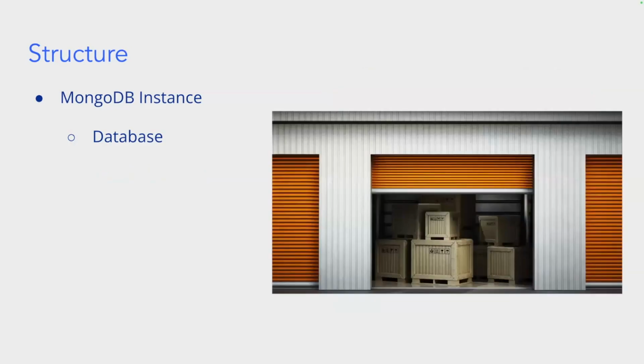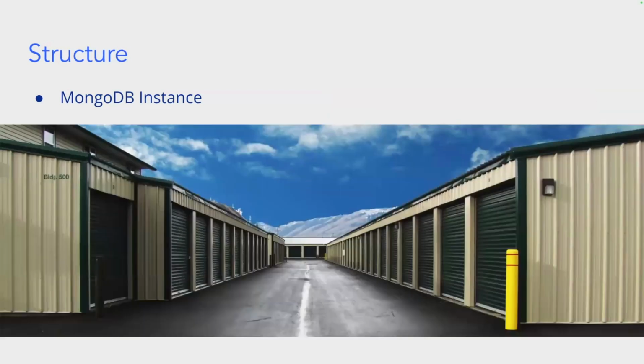And the database is like a single storage unit that has many collections in it. But those collections don't all have to be the same kind of collection. So all those individual crates could maybe hold something other than Shibas. They could maybe hold like cats or stuffed cats. And a MongoDB instance is a bunch of these storage units. So it's many, many databases.